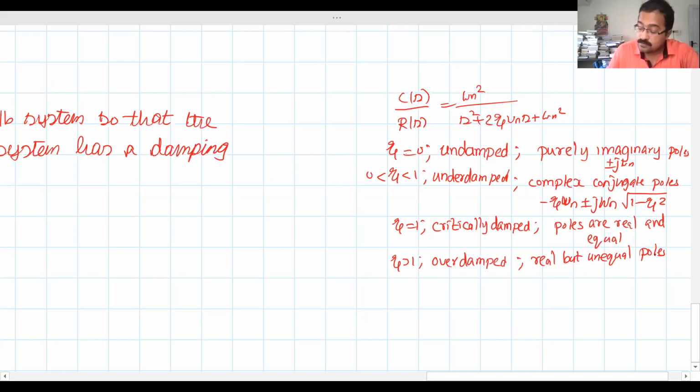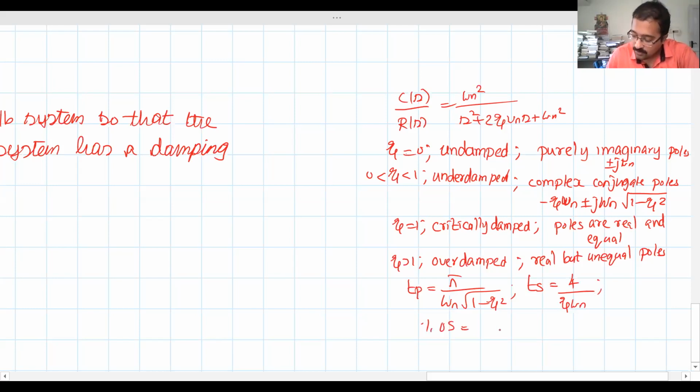Now we have defined different transient response specifications, right? Like peak time. What is peak time? Pi by omega n into root of 1 minus zeta square. What is settling time for 2% condition? 4 divided by zeta omega n. Are you following me? And how do we find the percentage overshoot?